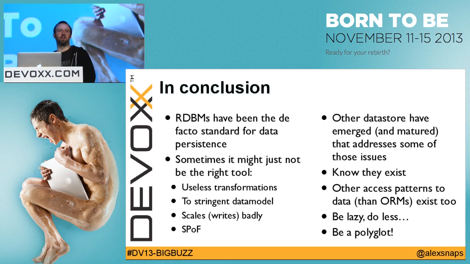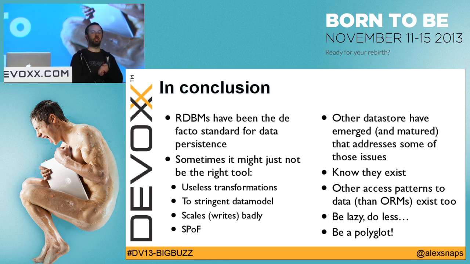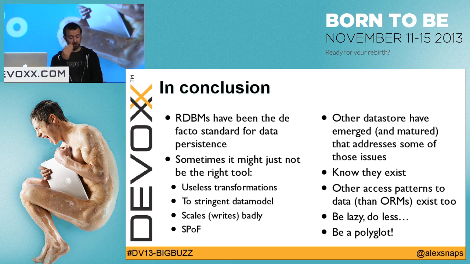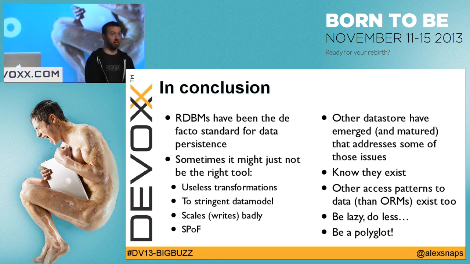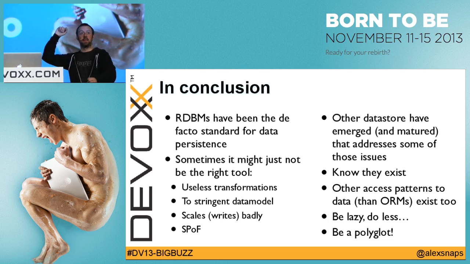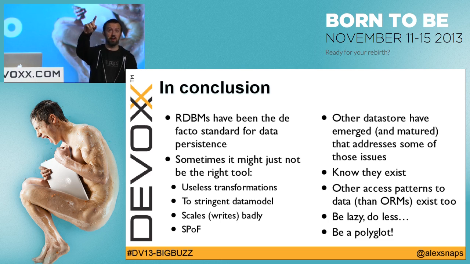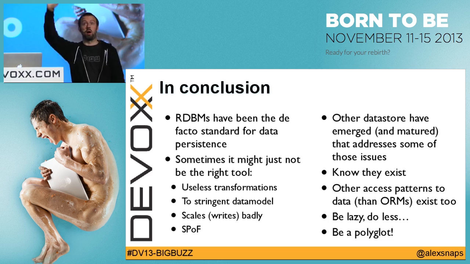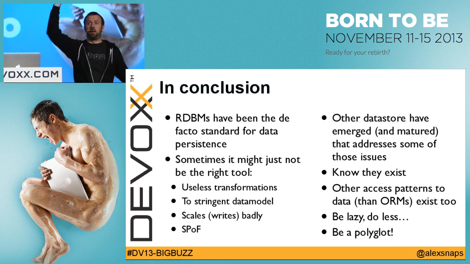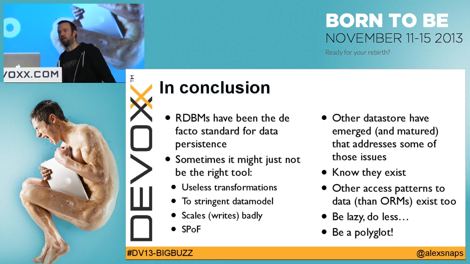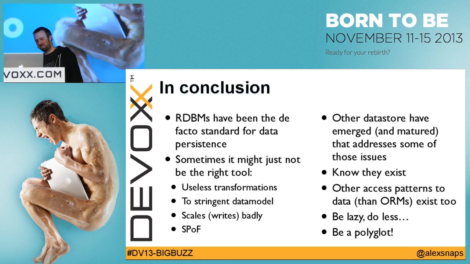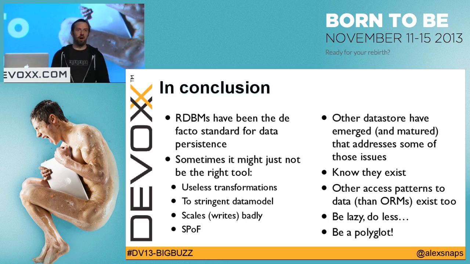Sometimes the data model is way too stringent again, right? I'm stuck with those tables, with columns, a fixed amount of columns, with very well-defined types, right? Who's the last guy who's seen a database that has a single table with a single column that's a blob? Oh, we need to talk. I want to hear the story. Hey, seriously, why?